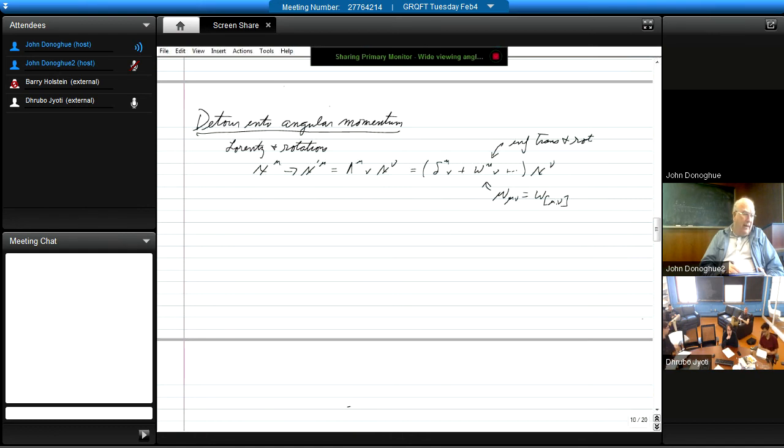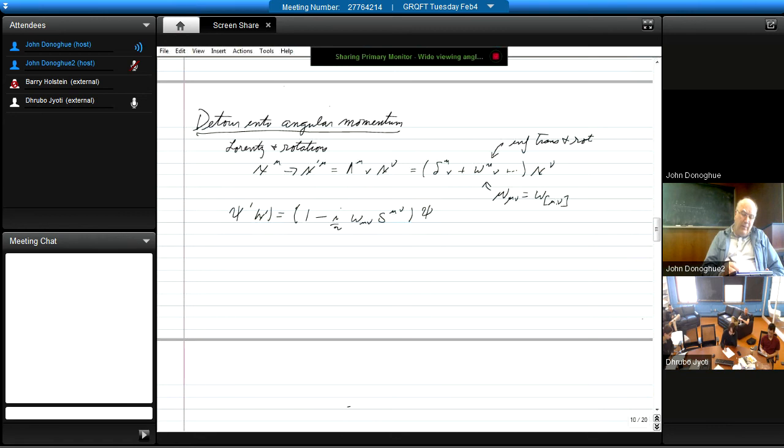What I haven't done so far is transform a spinor, for example. When I transform a spinor, you also have to transform the spinor. So psi prime of x prime is 1 minus i over 2 omega mu nu S mu nu.